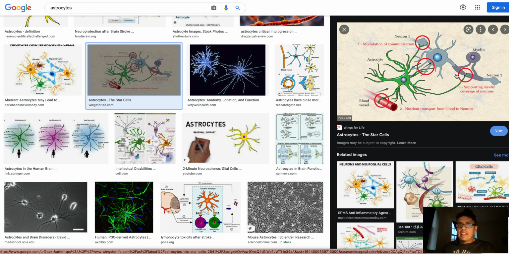So essentially the astrocyte will clean up and recycle excess neurotransmitters. Okay, it will also clean up and recycle excess potassium that leaks out during action potential propagation, because remember, during propagation of your action potential, potassium is exchanged with sodium, right? So that there's a process of a transference of charge across the axon.